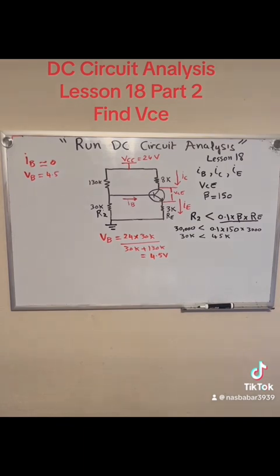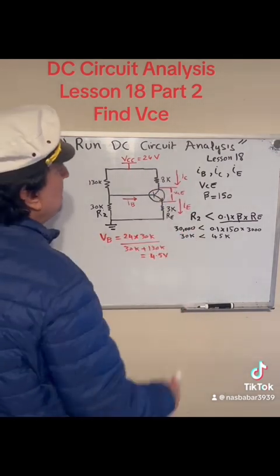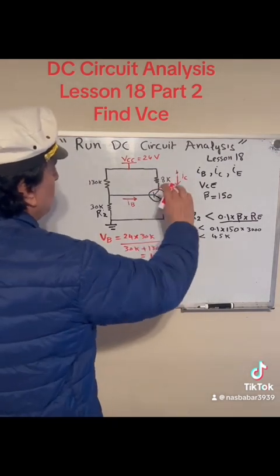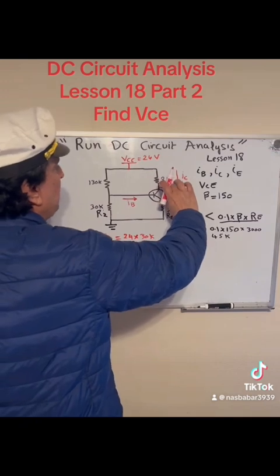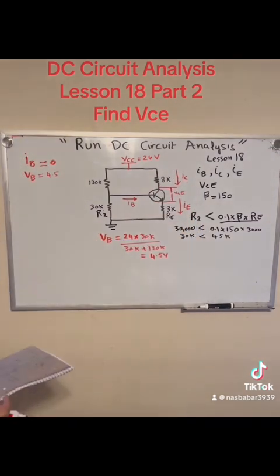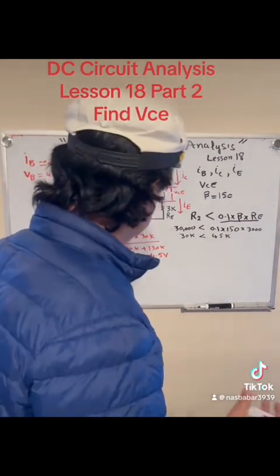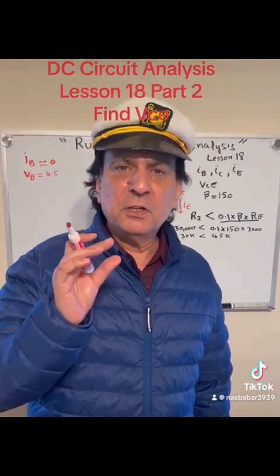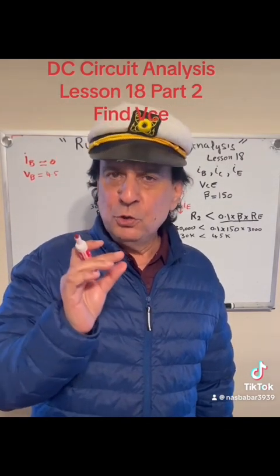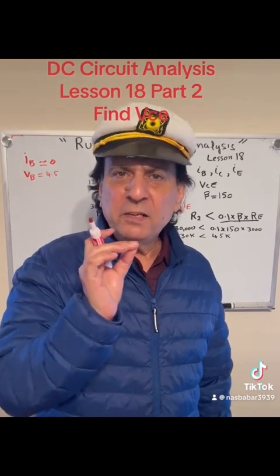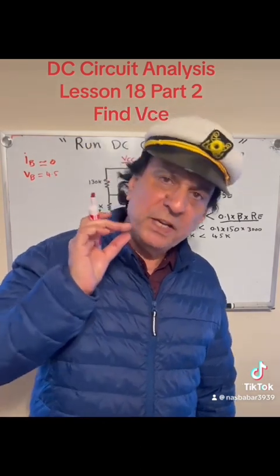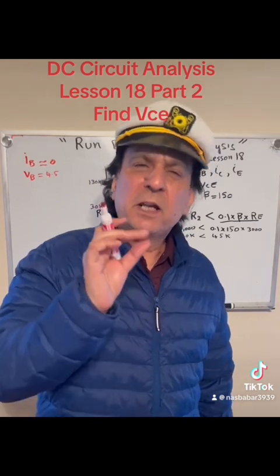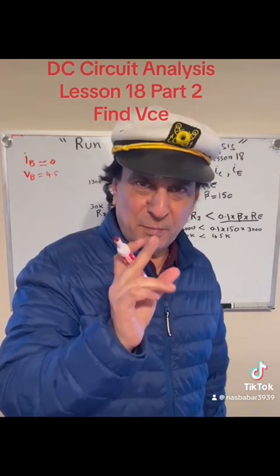Now we still need to find I sub C, I sub E, and VCE. This is what we have to finally find out. Remember I told you that there are some assumptions taken? When we were discussing semiconductors and diodes, I told you that in order to put a diode in active mode, you need around 0.7 volts. Remember that?